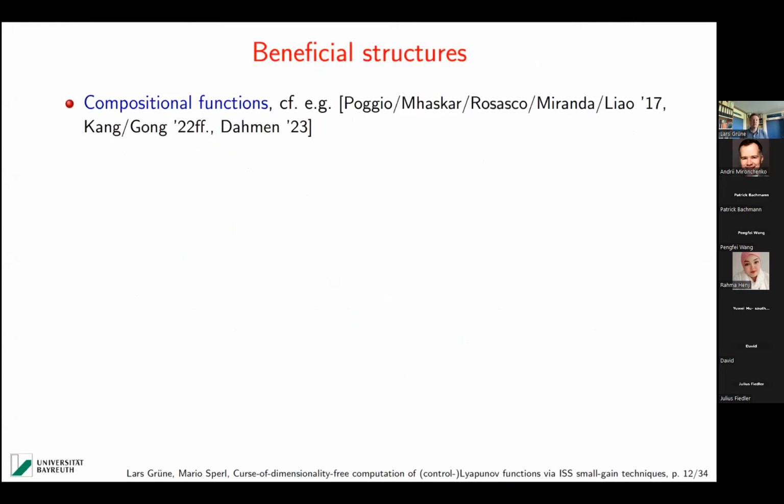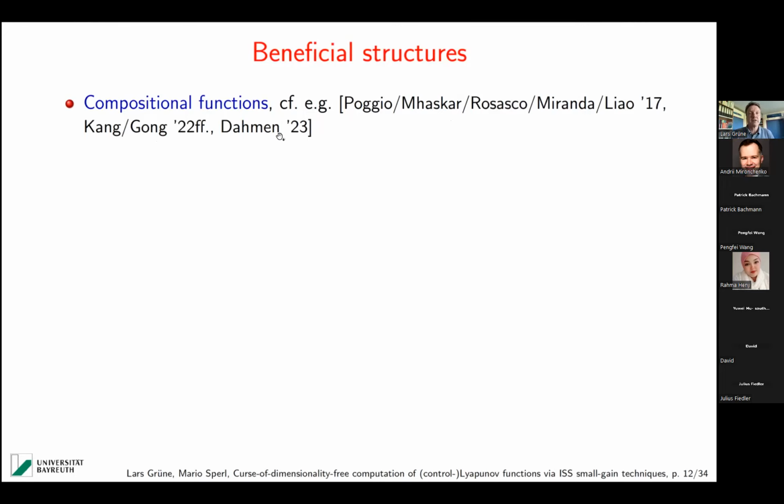So let's look at a different class of functions. The class of functions we are using here are the so-called compositional functions. Here are some references. This is a paper by a couple of computer scientists where I learned about this concept. Wei Kang and Qi Gong have already used this concept in the context of optimal control in several papers.